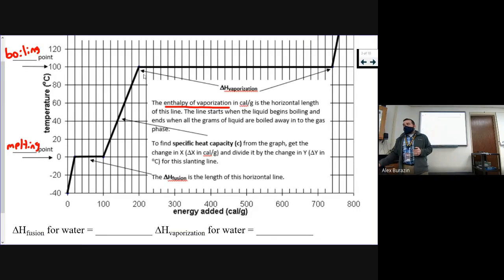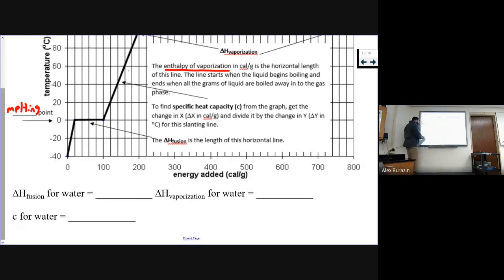Anyway, we can interpret this graph and get a whole bunch of data from it just by looking at the length of the plateaus and also the slope. I'll say that cautiously: the inverse of the slope on the sloped areas. The enthalpy of fusion for water is quite literally the length of that plateau.